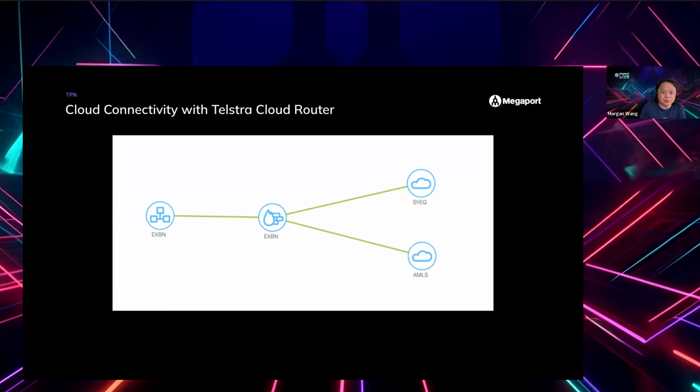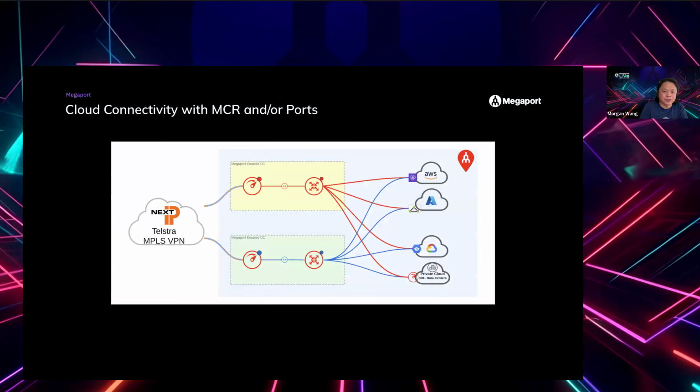And this is exactly what Megaport can help the customer with as well. For example, if the customer just needs a simple routing function between the public cloud and the MPLS network, they can enable a Megaport Cloud Router to interconnect multiple public cloud providers into either a port or directly into the MPLS network.